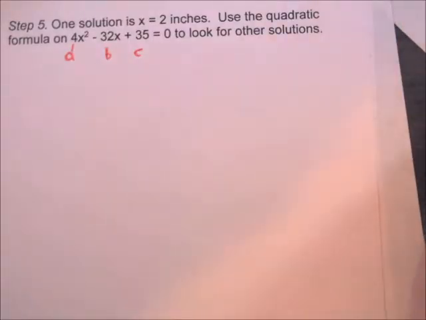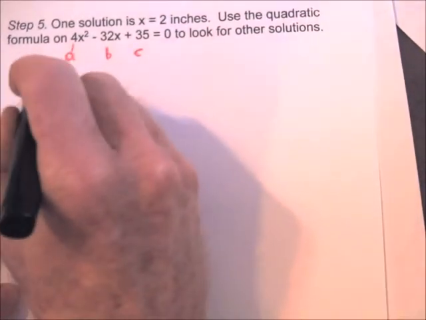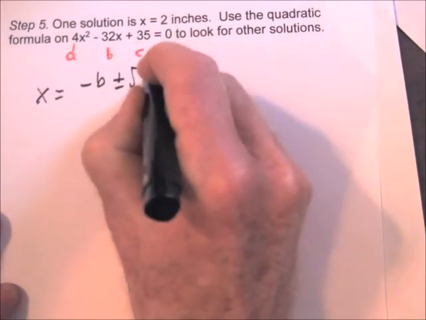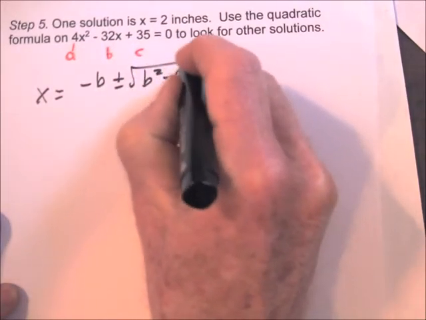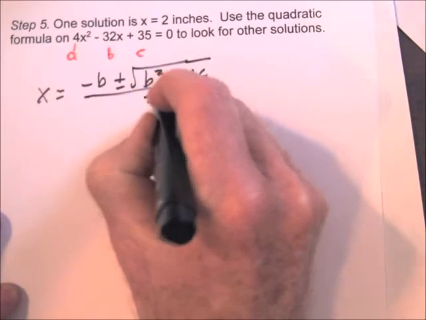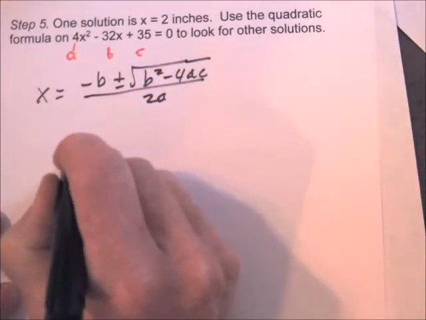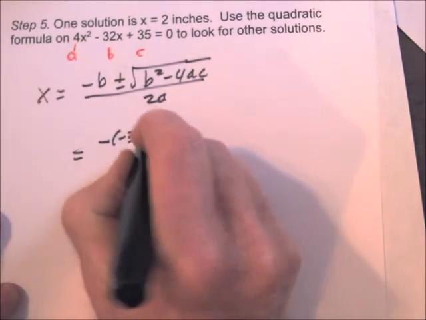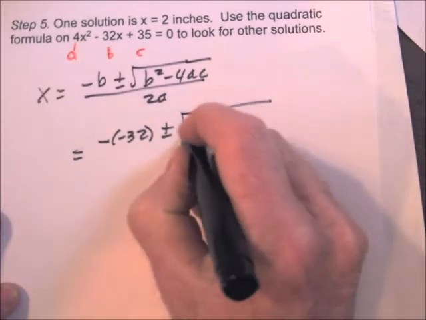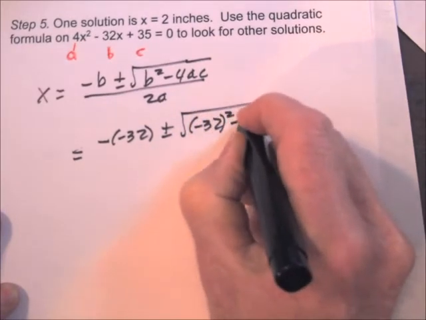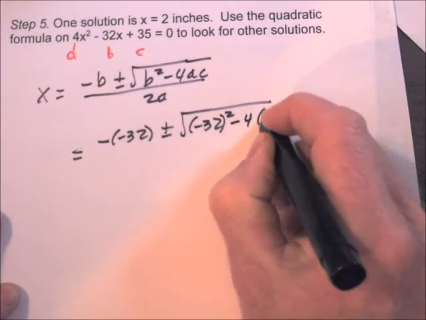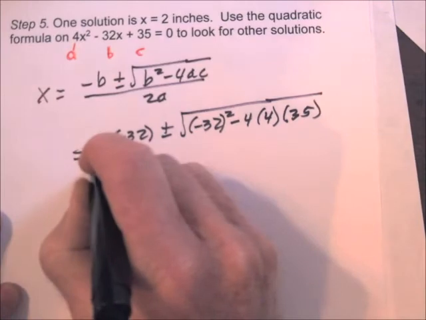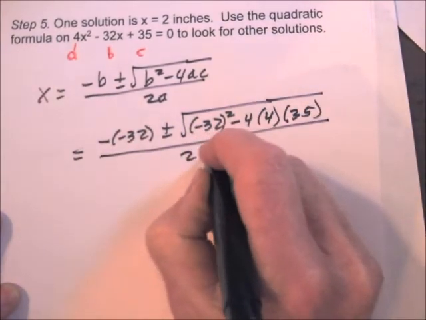So we want the quadratic formula: x equals minus b plus or minus square root of b squared minus 4ac, all over 2a. So if we plug in the numbers, we get minus negative 32 plus or minus square root of negative 32 squared minus 4 times 4 times 35, all over 2 times 4.